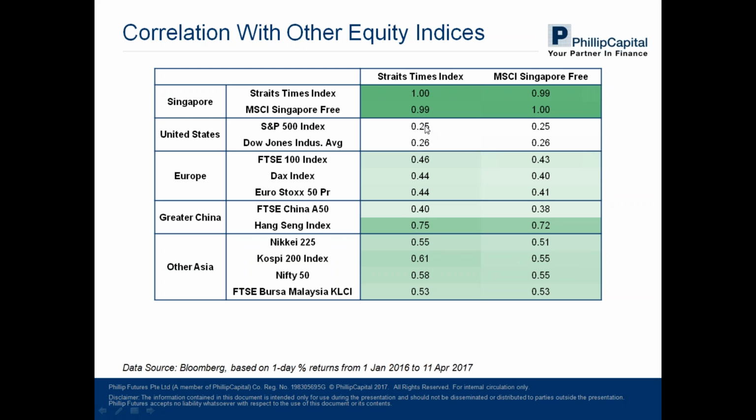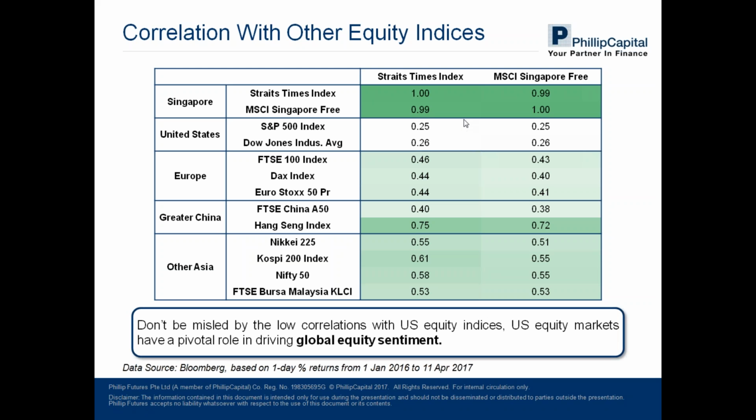But there's something really curious because I mentioned earlier that US price movements actually drive Singapore Equity Index price movements in the morning. But in this table here, we are seeing a low correlation, 0.25, 0.26. So while what I said earlier still stands true, correlation figures are not everything. They can be misleading.